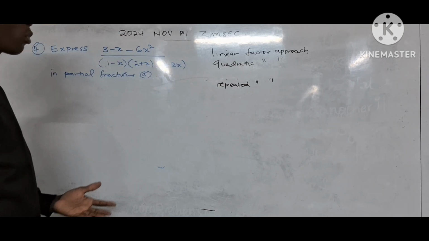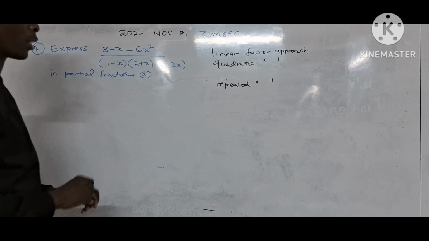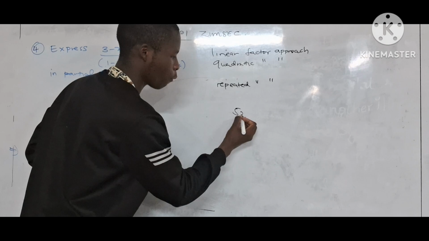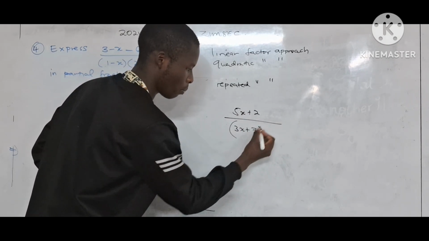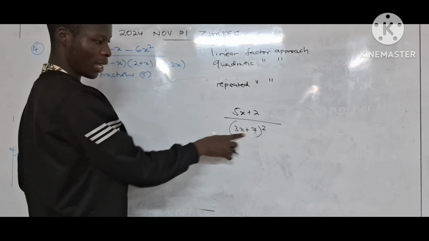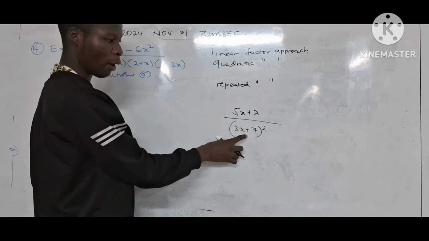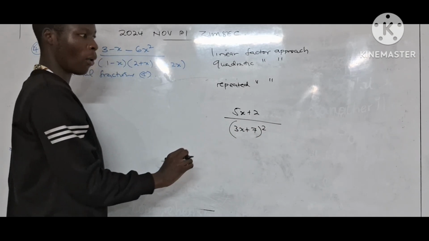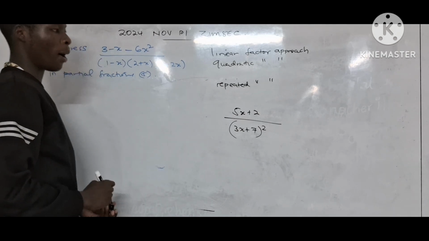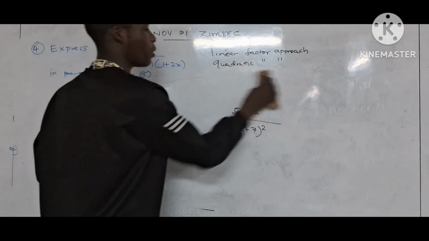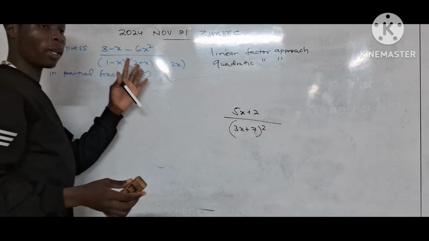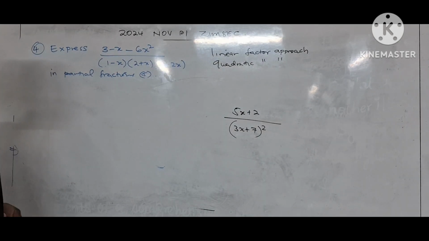Then we'll be talking of a repeated factor approach. For example, let's say I have 5x plus 2 divided by (3x plus 7) to the power 2. This is a linear factor, and it is raised to a power. Then you start talking about a repeated factor approach. So in this case, there is no repeated factor. We cannot make use of the repeated factor approach.